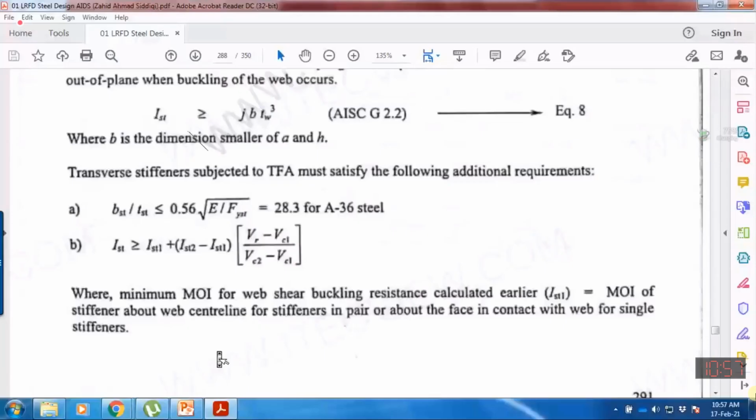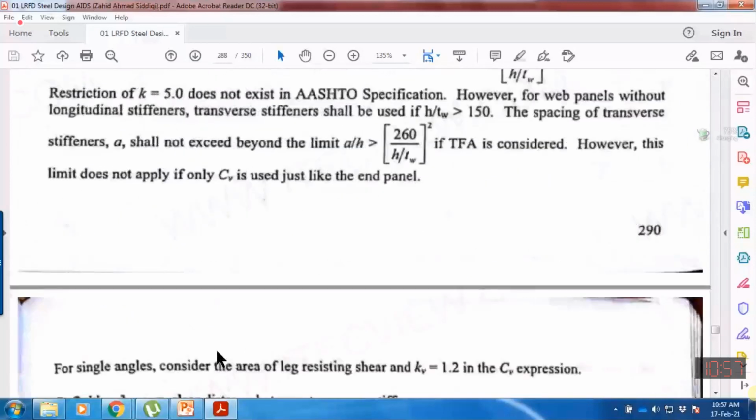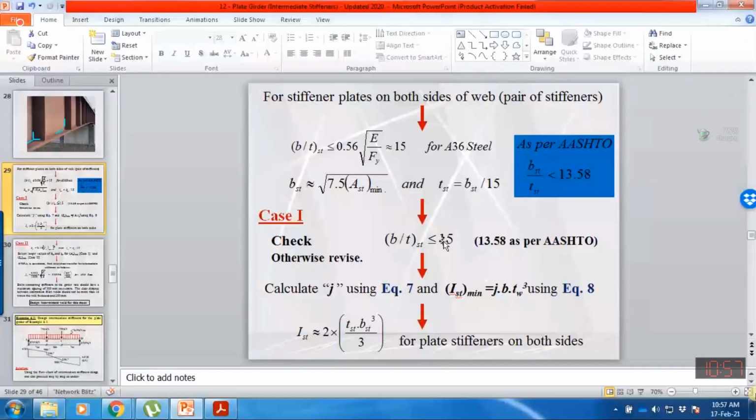Yes, you will compute the Ast minimum from this equation. And then after deciding the b and t values, you will recompute the b over t ratio. So it should be less than 15.